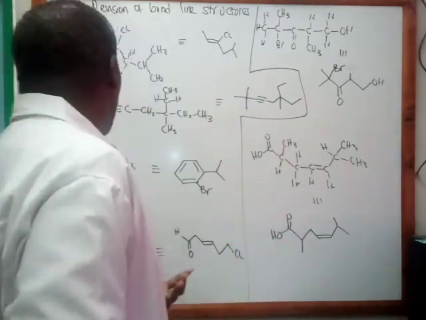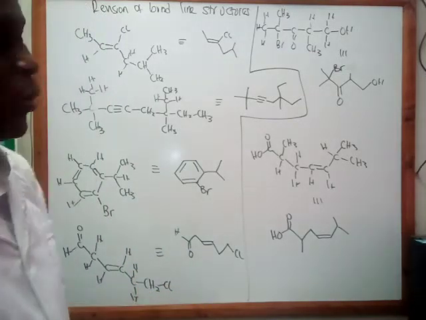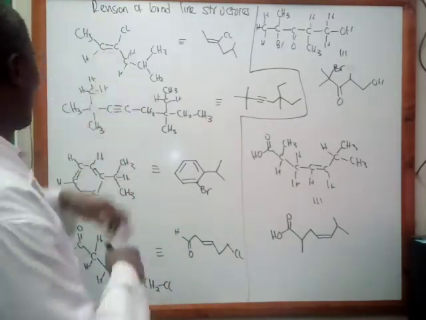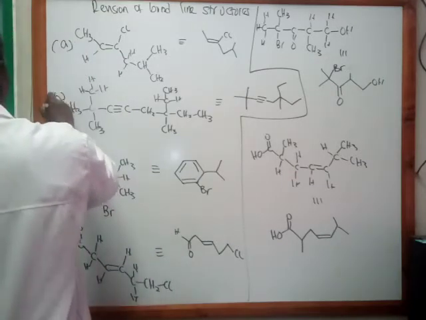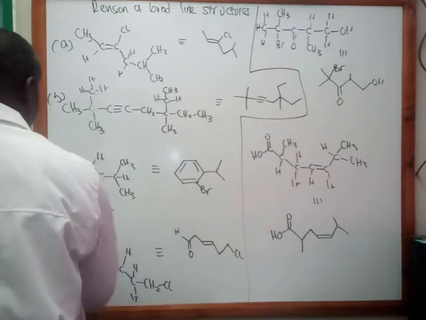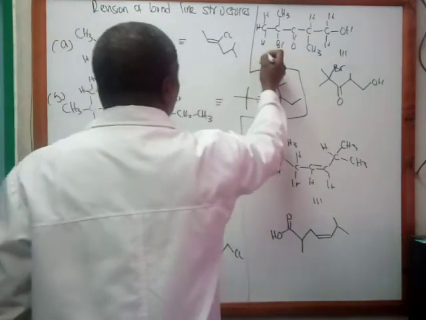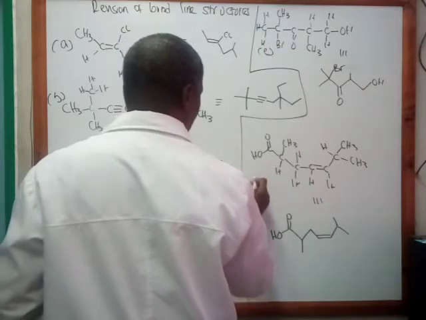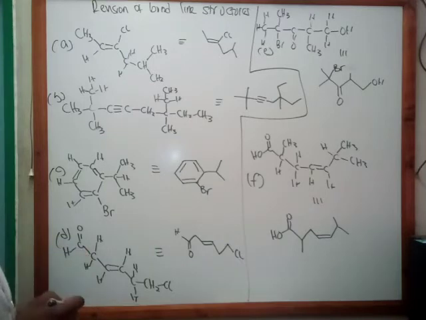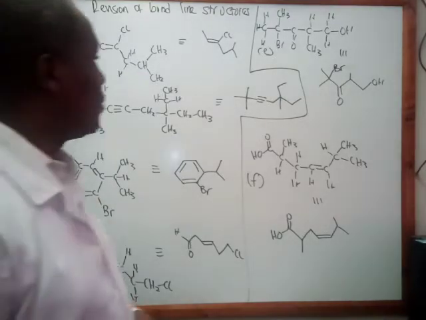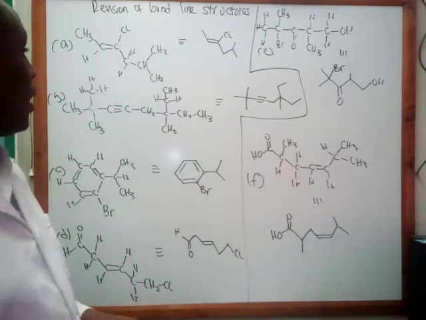To show that, I've just chosen a few structures. The first one I can label A, then B, C, D, this is structure E, and then there is structure F. So there is A, B, C, D, E, and F, six structures.